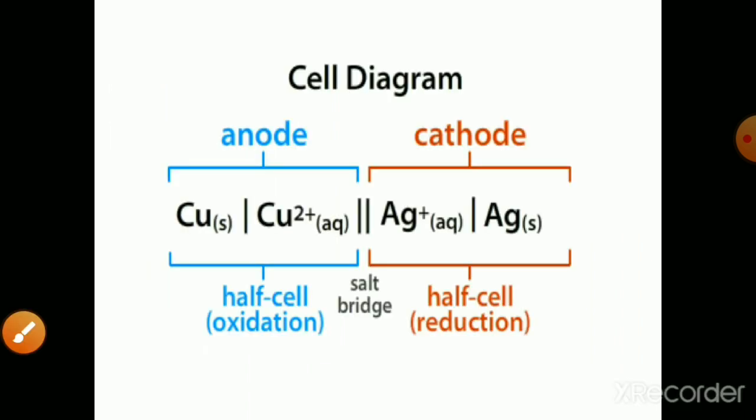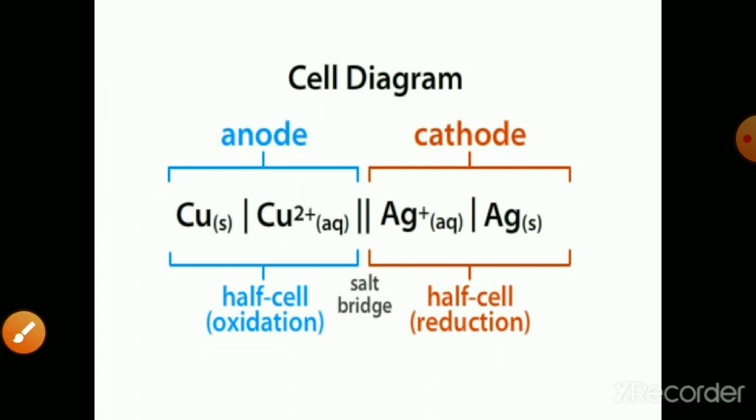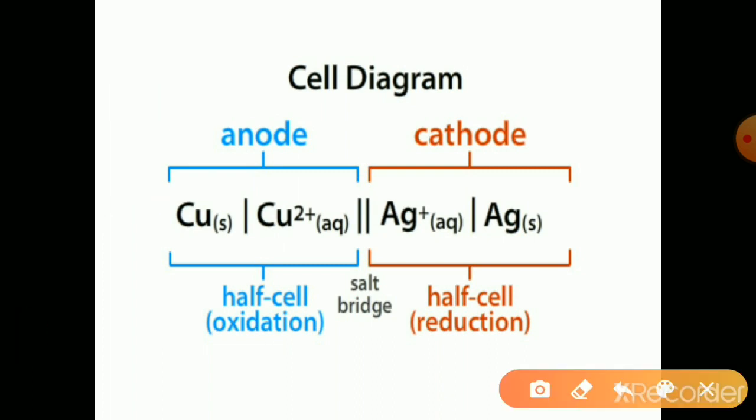So let us see here. This is the representation of a galvanic cell. We need to follow some rules in order to represent a cell. We know that a galvanic cell is made of two half cells.